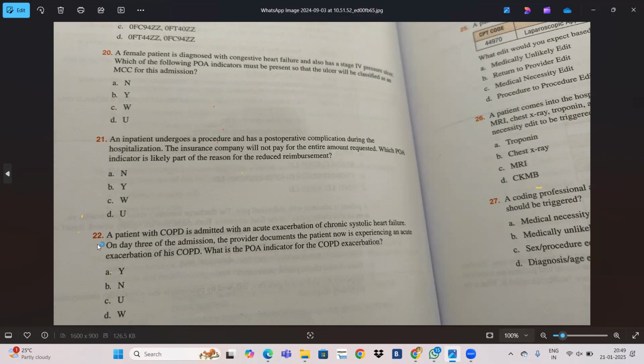No, because the acute exacerbation was diagnosed on the third day of the admission. So guys, read the question carefully here. A patient with COPD is admitted with an exacerbation of systolic heart failure.